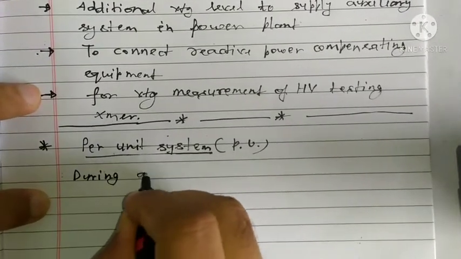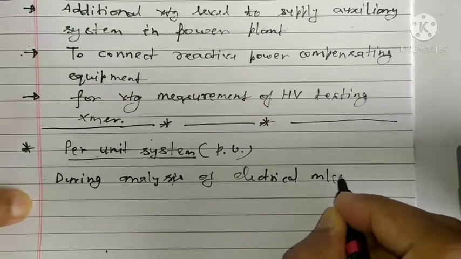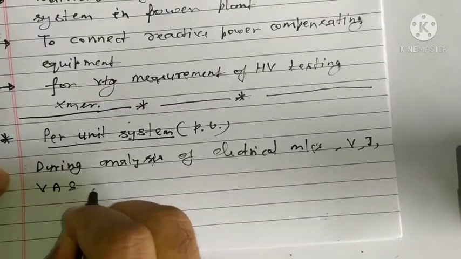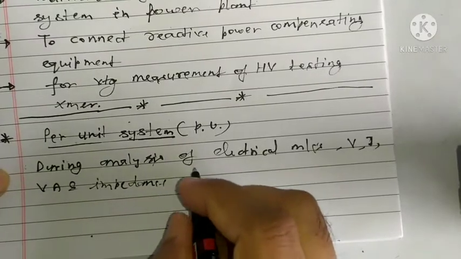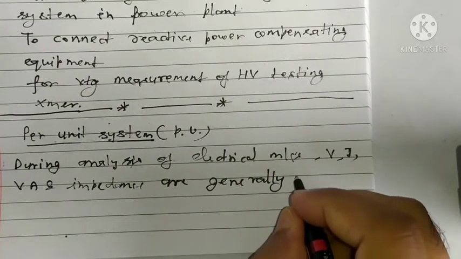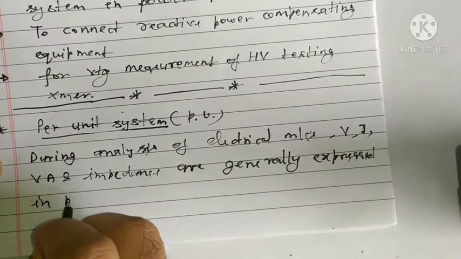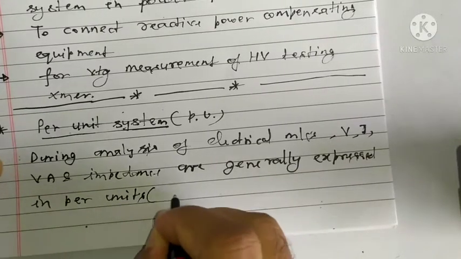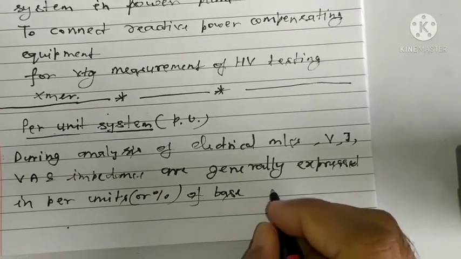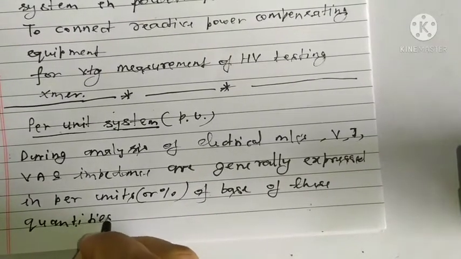So during analysis of electrical machine, voltage, current, volt ampere and impedance are generally expressed in per units, or percentage of base values of these quantities, right?